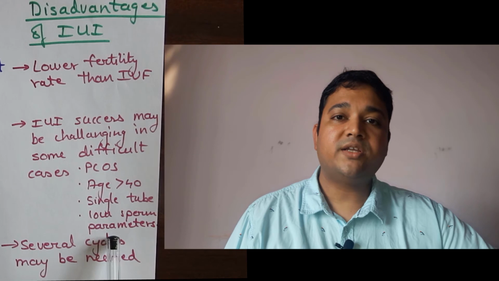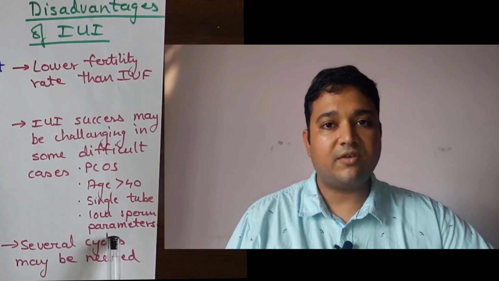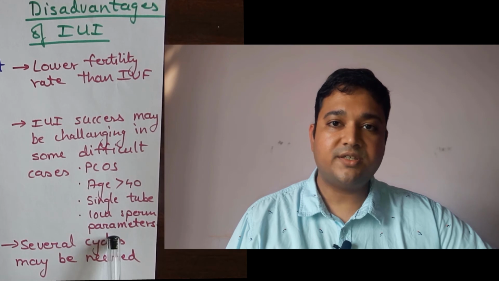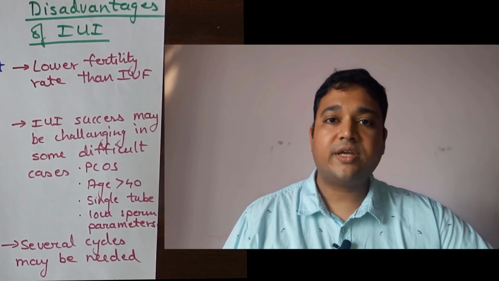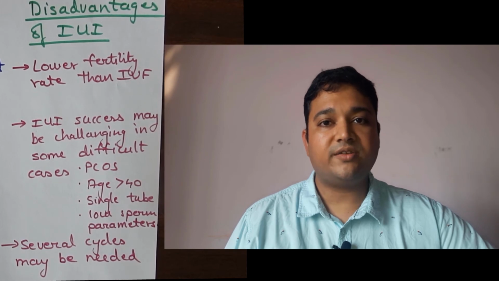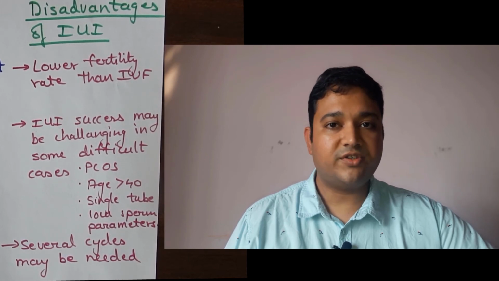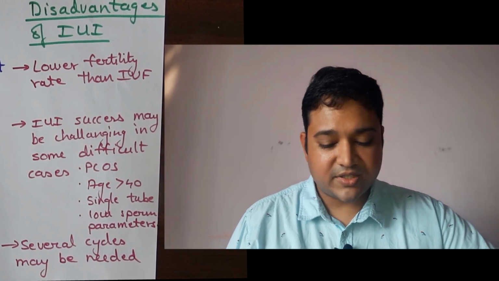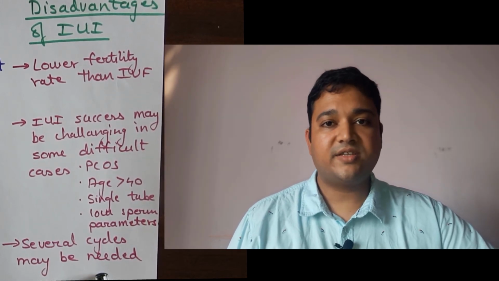Remember, IUI starts suffering when the parameters are very low, and we recommend treatments like IVF plus ICSI in these cases. You can see several other videos on the topic of low sperm count and ICSI on this channel. Also, another issue with IUI is that several cycles may be necessary in some cases.